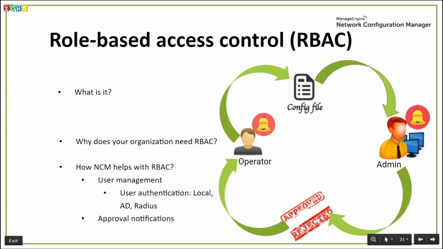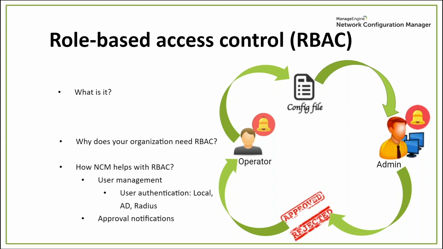Now let's move on to role-based access control. In an infrastructure, you will have several network admins, and you will have only a set of scopes defined for each of these admins. Let's say you have an operator in your network, and this operator tries to make a change in a network device that is very critical for the infrastructure. Then the network administrator will receive a notification about the change, and he can choose to approve or reject this particular change.